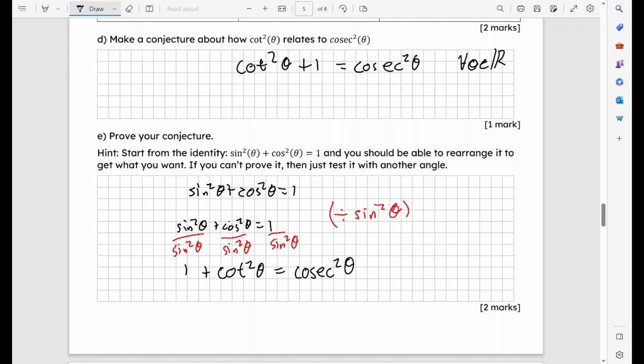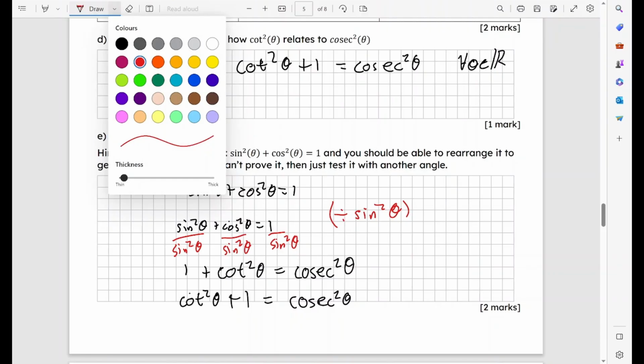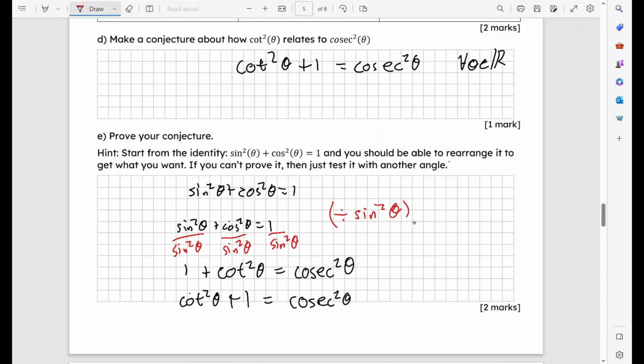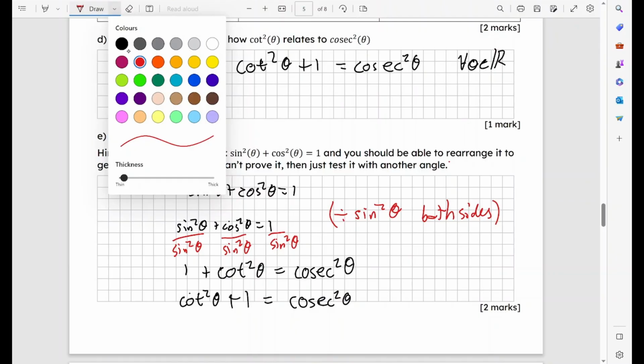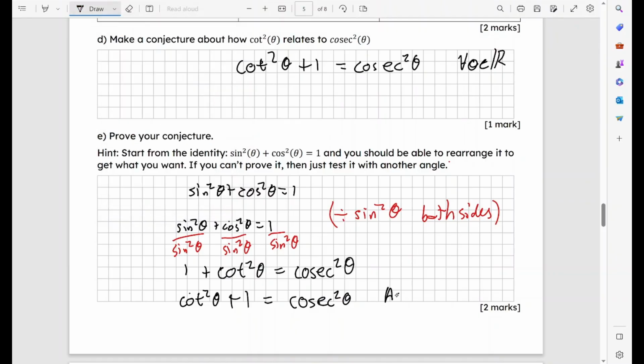It's almost what we had in our conjecture, except that we had cot squared first. So cot squared of theta plus 1 equals cosec squared theta. If you want to be really clear about proving this conjecture, you can say dividing by sine squared of theta on both sides. There we go, as required. So that's our conjecture proven.